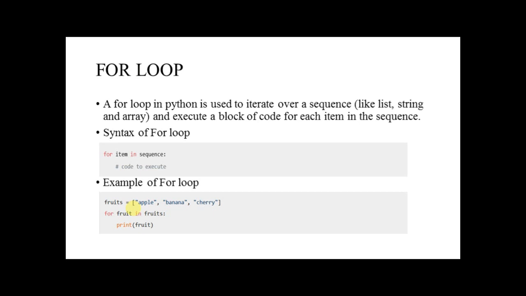Just like in the example, we have a list of fruits: apple, banana, cherry. Now, for fruit in fruits, we print fruit. The first fruit gets printed from the list of fruits, and the code will run until the last element of the list gets printed.